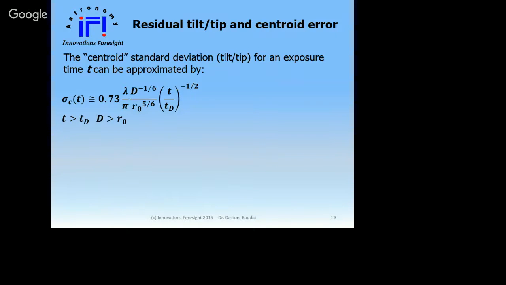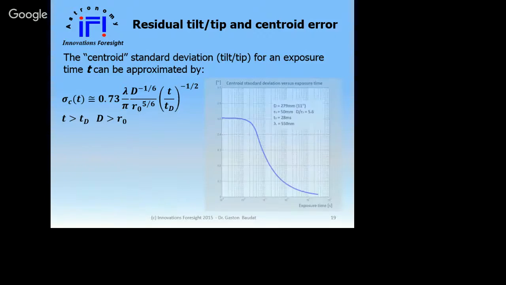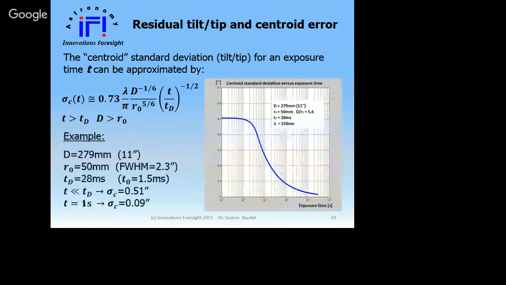And forget the equation here, it's not very important, but what's important is to understand the result. And that's an example. If you take an 11-inch scope and an average seeing of, let's say, 2.3 arcseconds, which means 5 centimeter r0, then tau_D is around 30 milliseconds, and the coherence time is roughly 1.5.